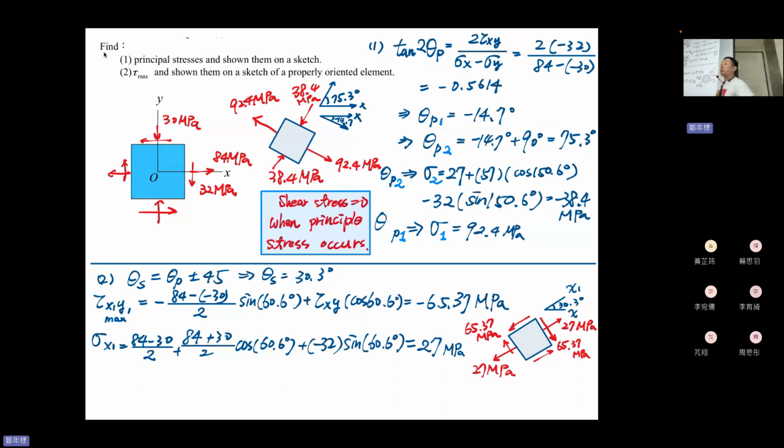Okay, is that done? No, because we still have y1 to determine, right? So sigma y1 equals sigma x plus sigma y minus sigma x1, equal to 84 plus minus 30 minus 27 MPa. Okay, so that's it.